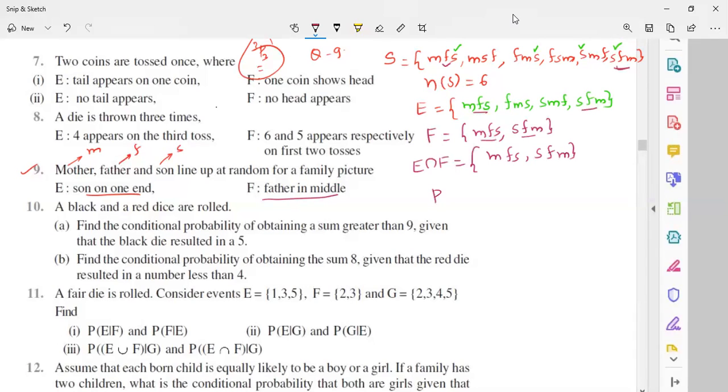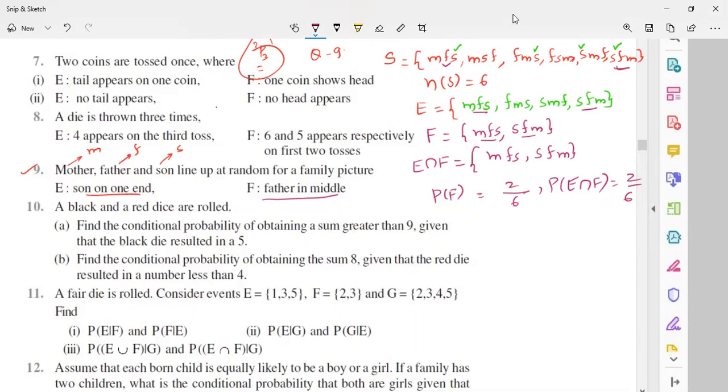Now the probability of F we have to find, and the probability of E intersection F. The probability of F is equal to the number of favorable outcomes in F, which is 2, and total number of outcomes is 6. Then probability of E intersection F, again possible outcomes are 2, total number of outcomes are 6.